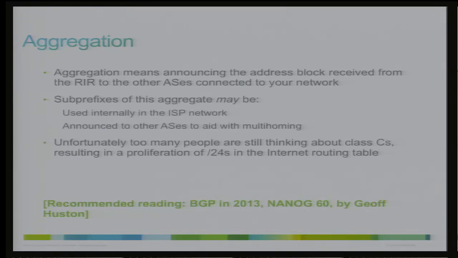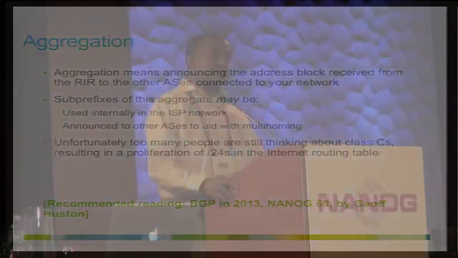There was a session yesterday by Joe Houston. It's a very interesting discussion. So BGP in 2013 discusses the trends in the BGP table size and so on. His assertion is that the aggregation problem, the deaggregation problem, is kind of subsiding.